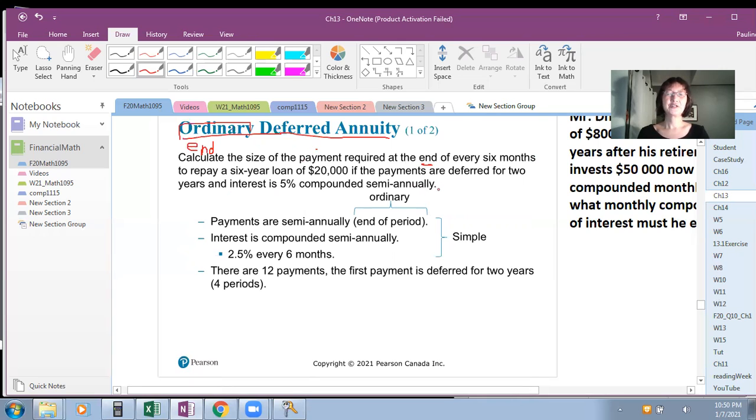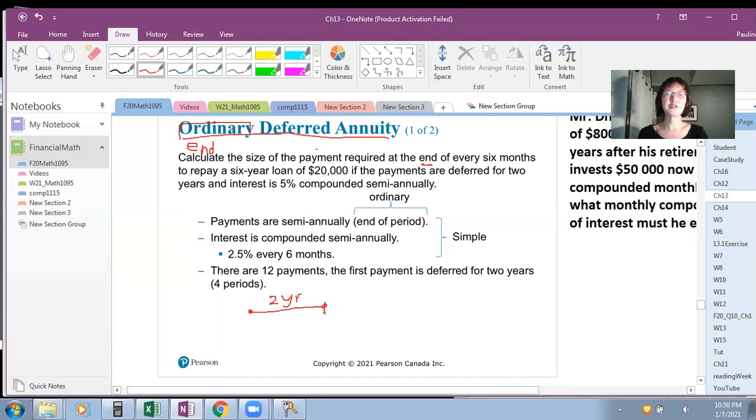So in this example, if you draw a diagram, you have a loan of 20,000. But the loan will not be paid until after 2 years. So from here to here, you have 2 years.